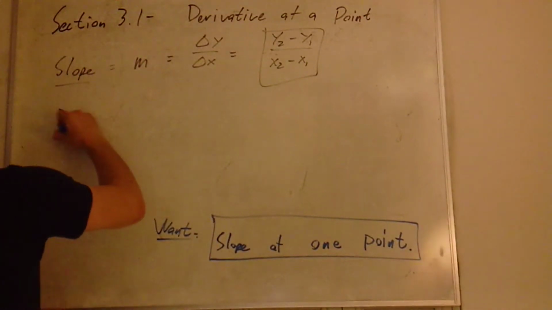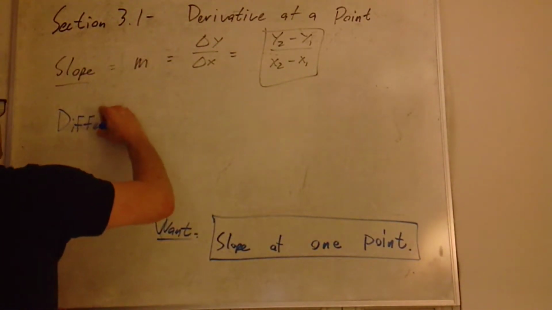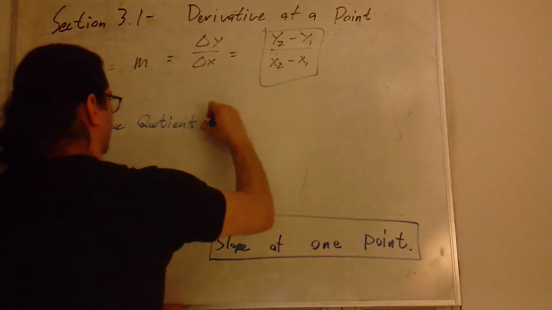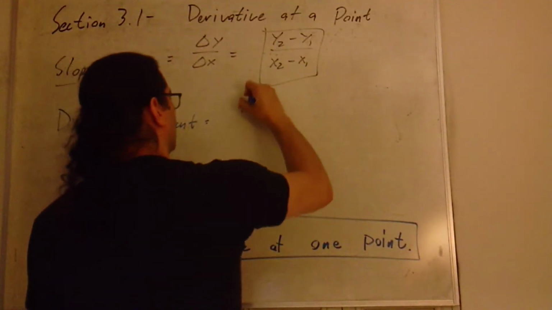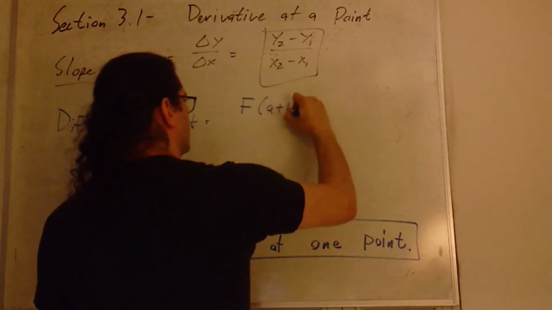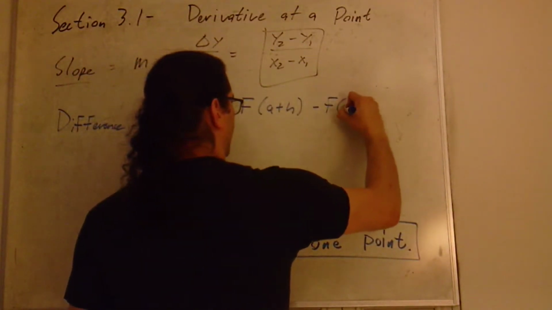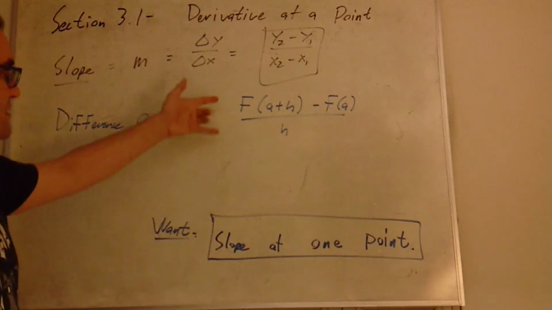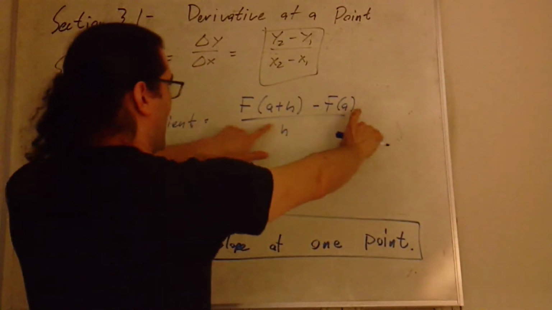So the difference quotient is about f of a plus h minus f of a all over h.